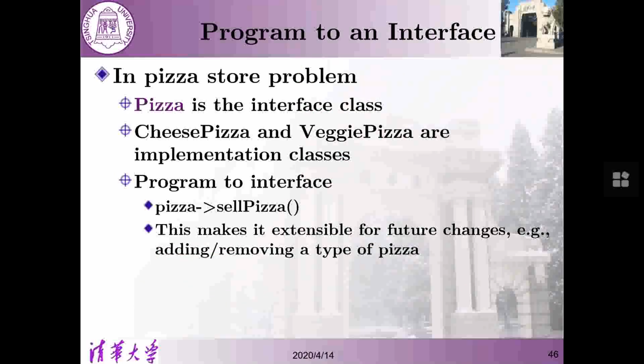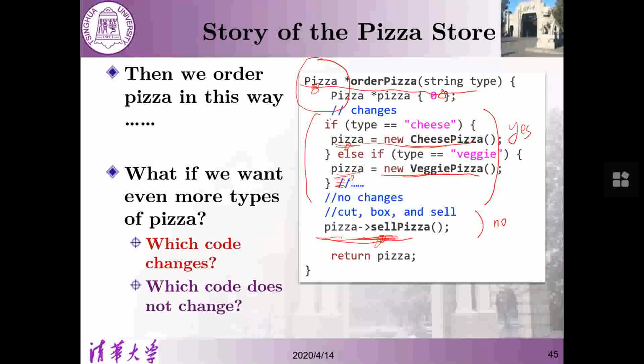So be careful about that. And in our design, we should always think of which part changes and which part does not change. If we are sure that some part changes and some part does not change, we should separate the two parts, right? By separating those that change and those that do not change, we can avoid potential bugs.